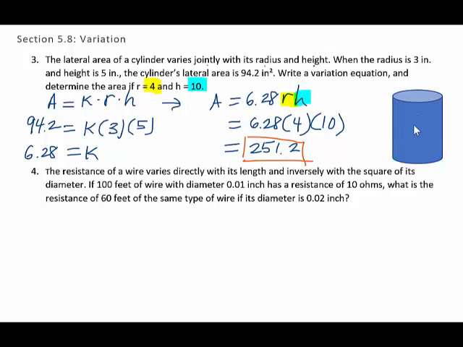So a lateral area of a cylinder is actually the area around the curved surface of the cylinder, not including the bases, the circles.